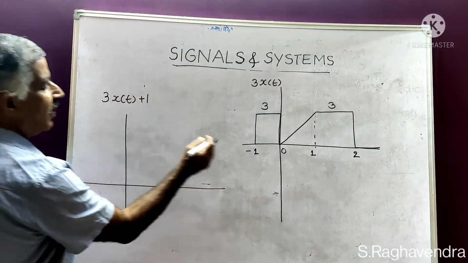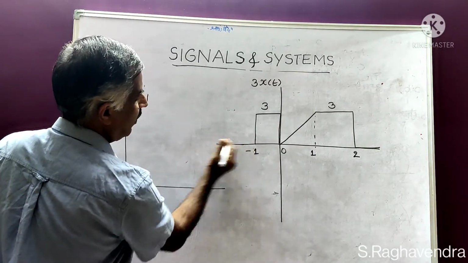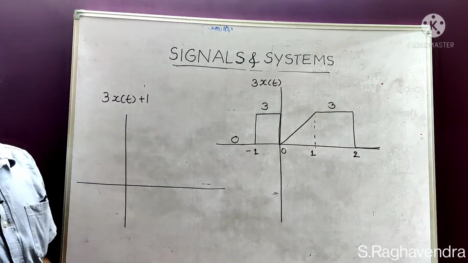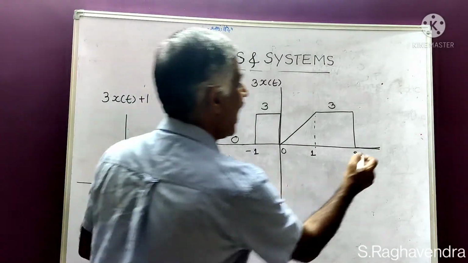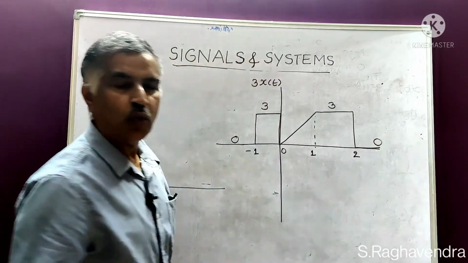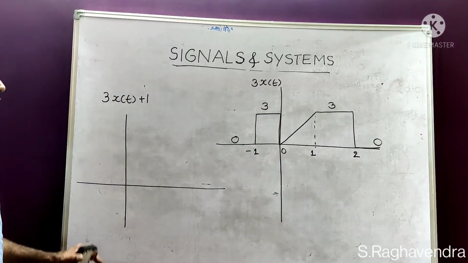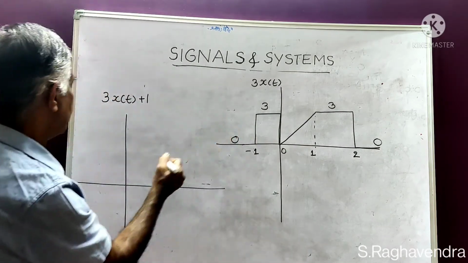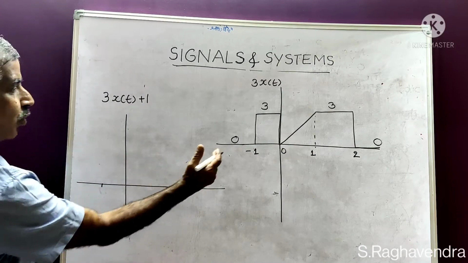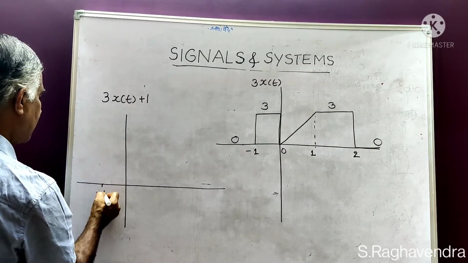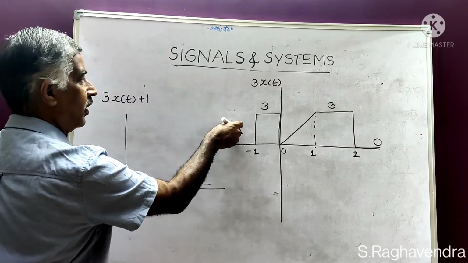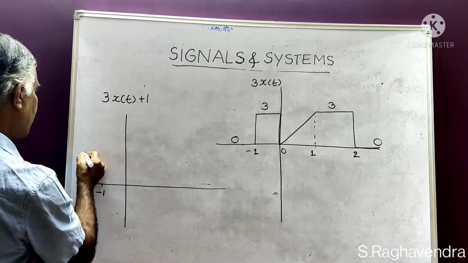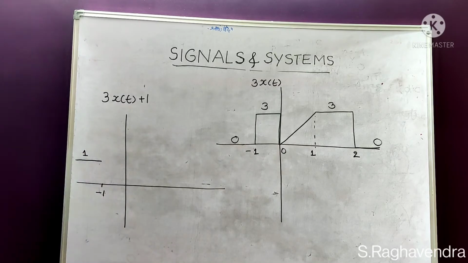So what was the value here before minus 1? It is 0. For 0 also you must add here, also 0. After 2 also it is 0. Now you add 1. 0 plus 1 means it becomes 1. So before minus 1, previously it was 0 here. Now I am adding 1, now it becomes 1.